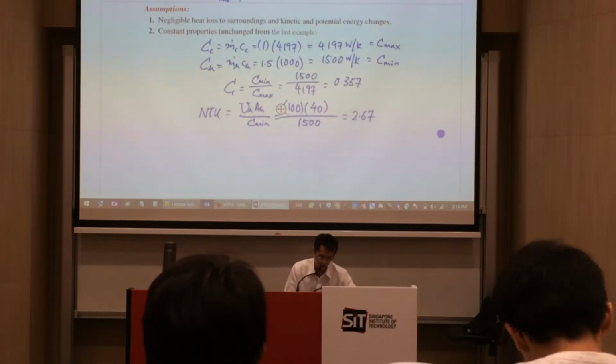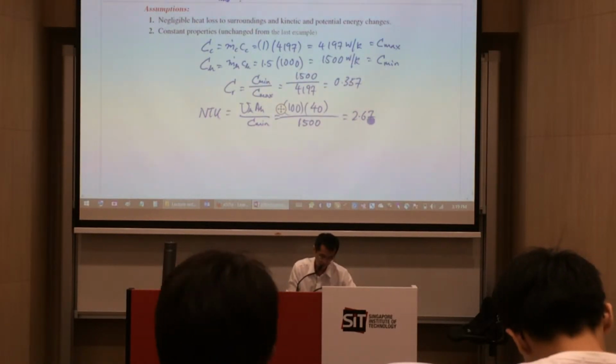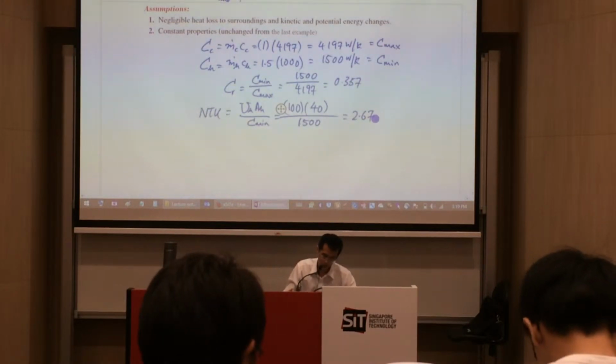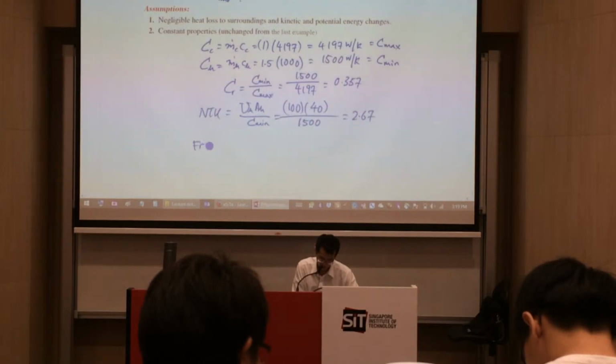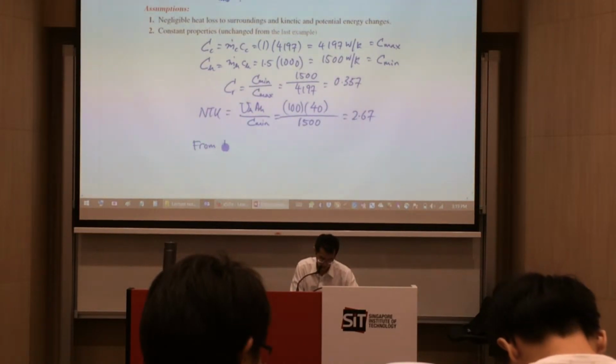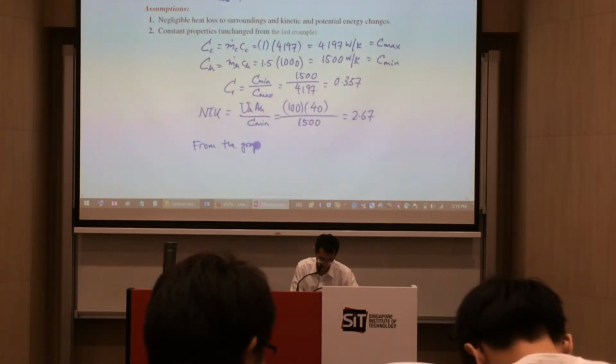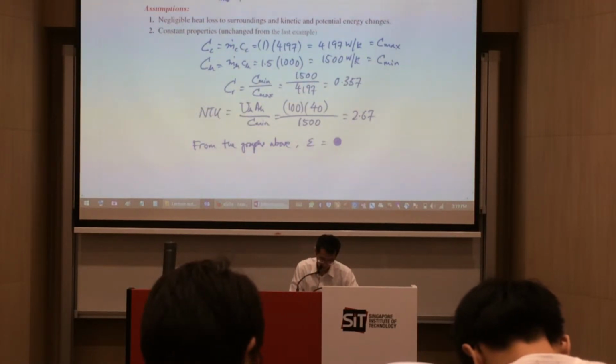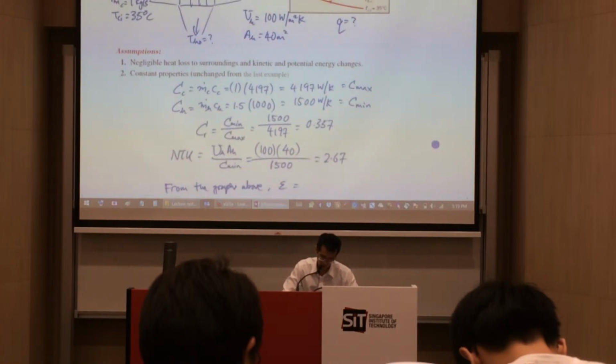So now that you have your CR and NTU, or number of transfer units, again, we're going to go back to our graphs to try to find out my epsilon. So from the graphs above, do your best interpolation. Tell me what's your value.